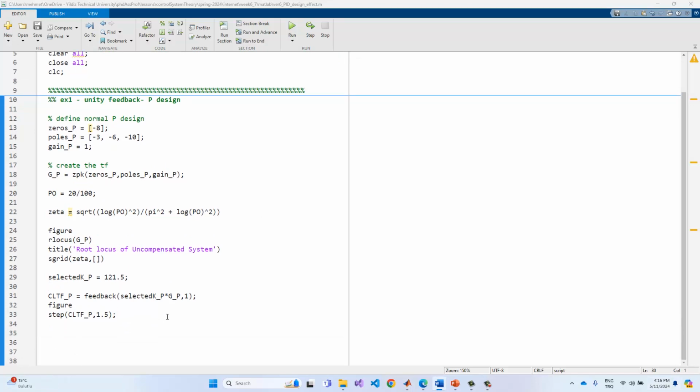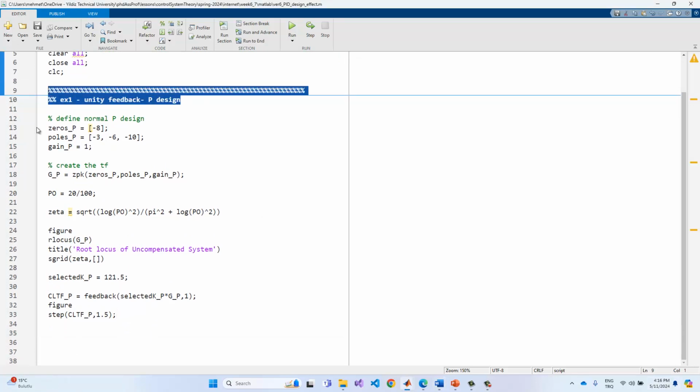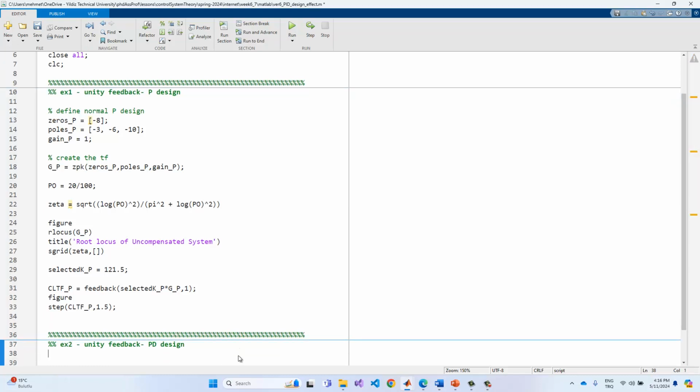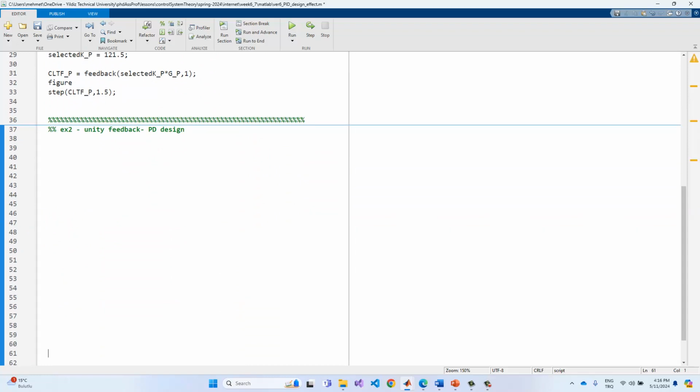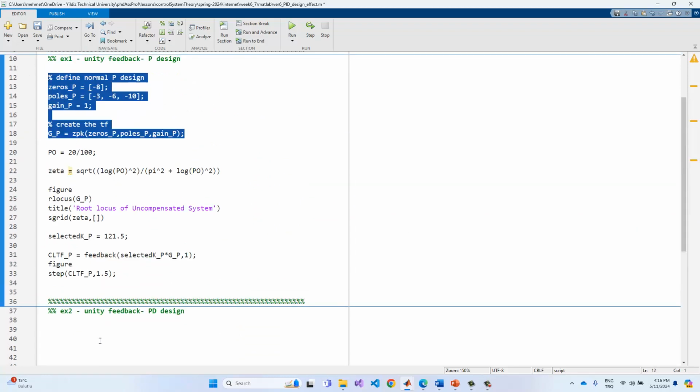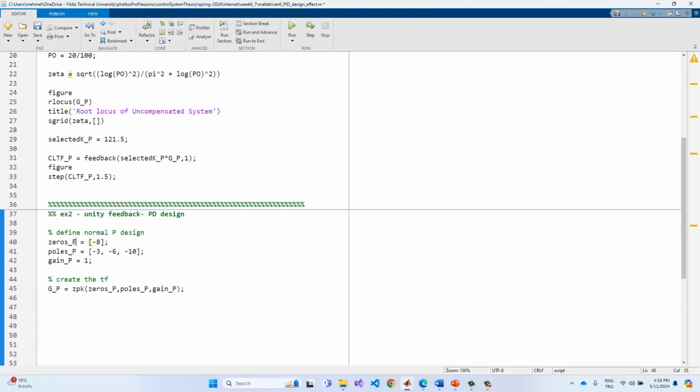First of all, this is our basic diagram, but the second is related to what? The PD design. Okay? In the PD design, we need to take these values in here. This is the PD. And so minus 8 and minus 55.92 must be added in here, because this is the PD, right?